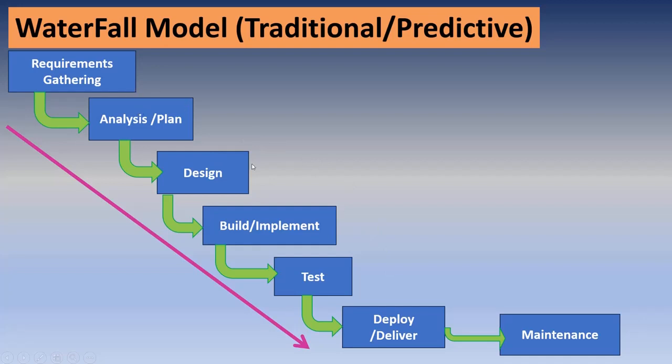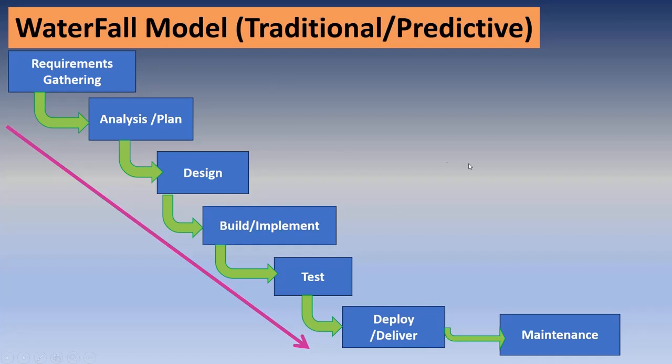In the different phases of this life cycle, there will be no customer interaction. Initially, we will get the requirements from the customer, and only at the end of the project are we going to deliver or release the project to the customer. That is the main disadvantage here. Why is it a disadvantage?